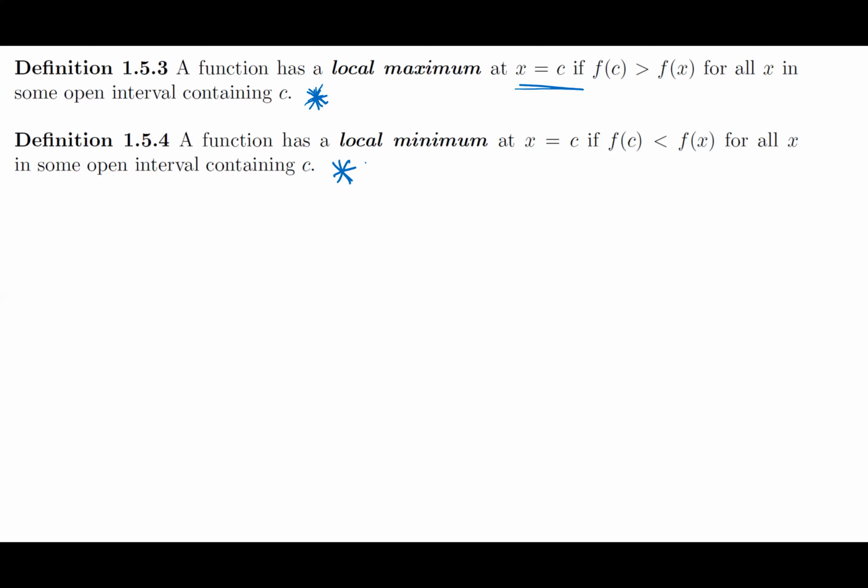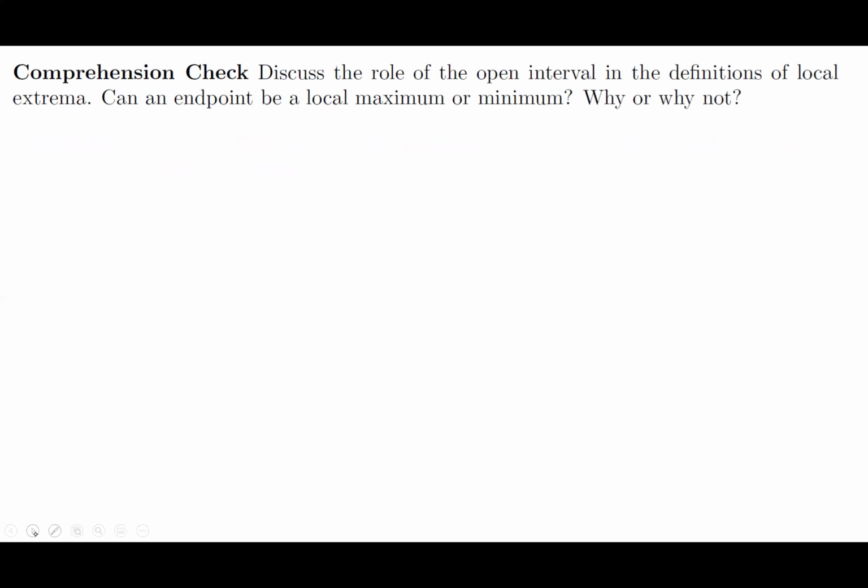Believe it or not, neighborhood is even a technical mathematical term that you learn if you ever take an analysis course. Again, appealing to your intuition, if I say neighborhood, you're thinking everything around it, right? And so that's why this open interval is so important. If I have an open interval, let's say a to b, and c is somewhere in here, then for c to be the high point, it has to be the high point all around.